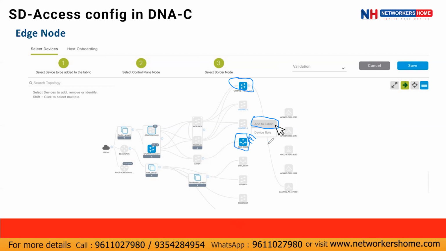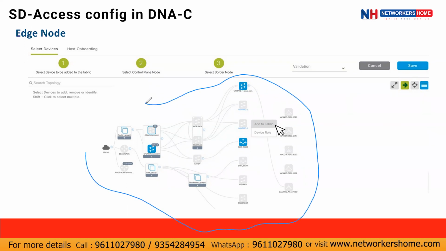When E is assigned, it means that node is specifically acting as an edge node, which will connect the endpoints only. Now the endpoints will not be visible in this diagram because there are multiple endpoints. That's the reason we can't see the endpoints, but you can see a diagram is already established showing how it is connected.